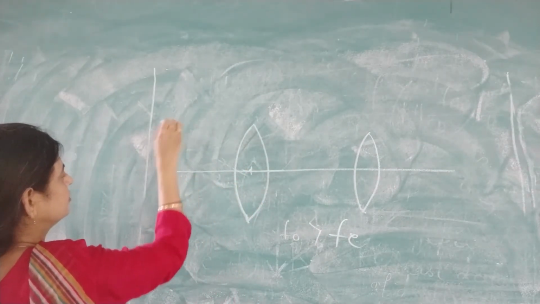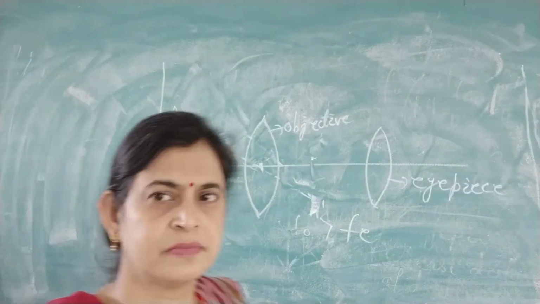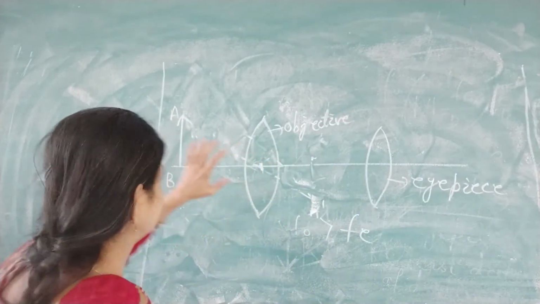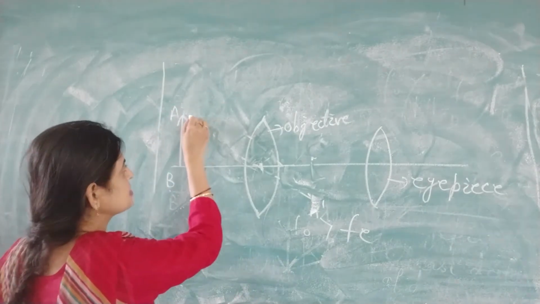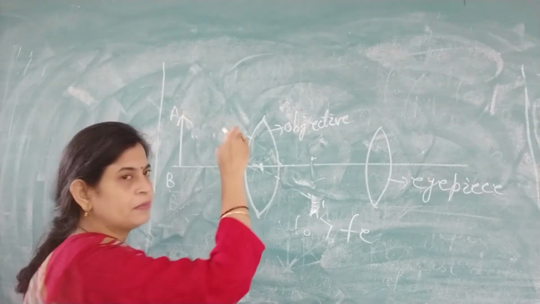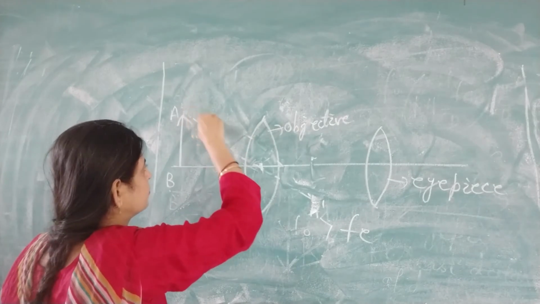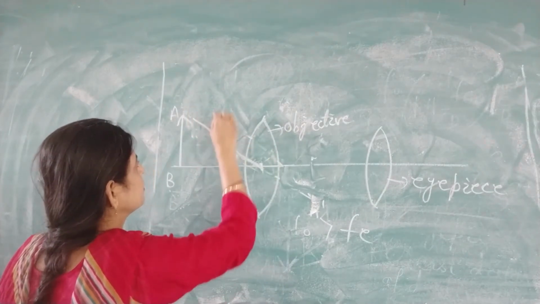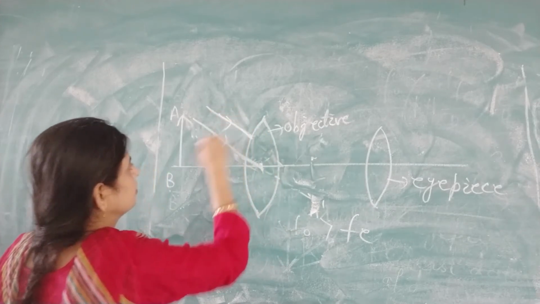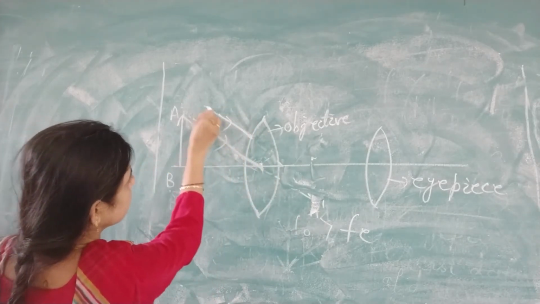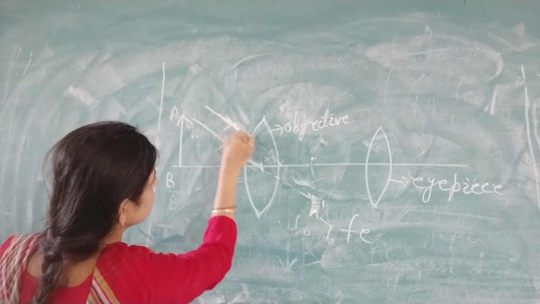AB is the object. Now, the object is at infinity. Infinity means the incident rays are coming parallel to each other. So, these are your incident rays which are coming parallel to each other.